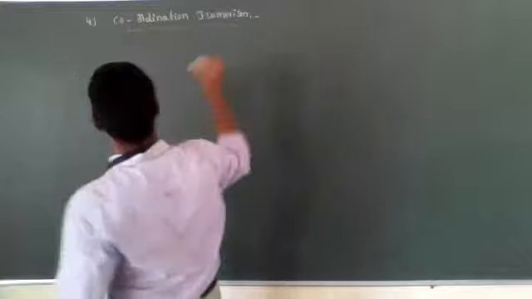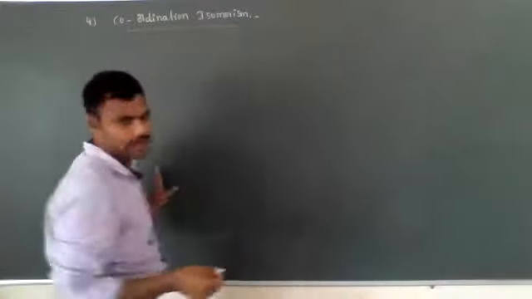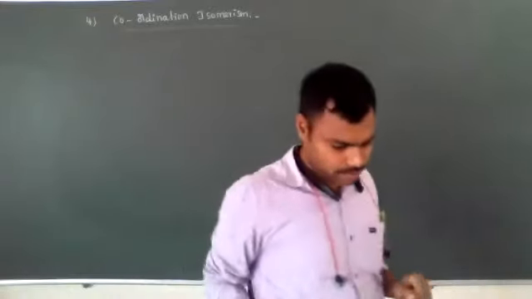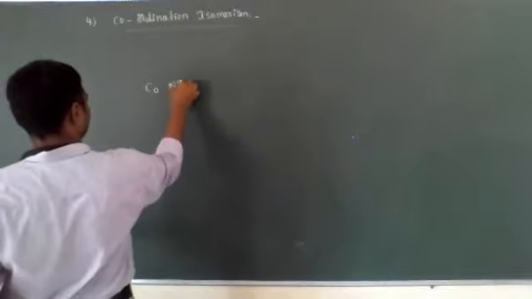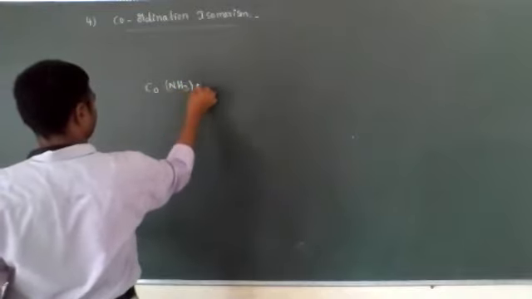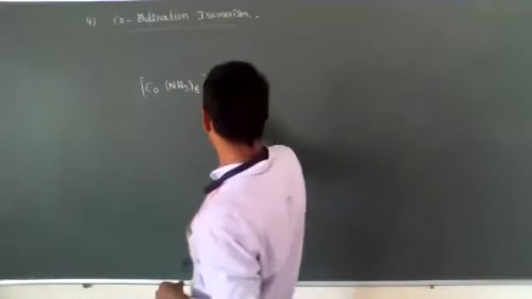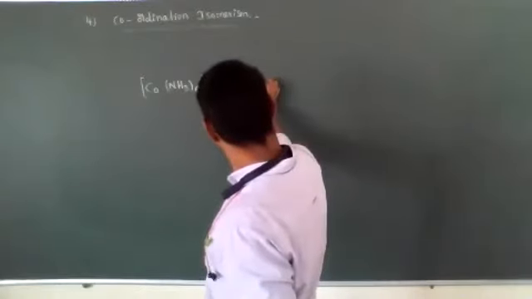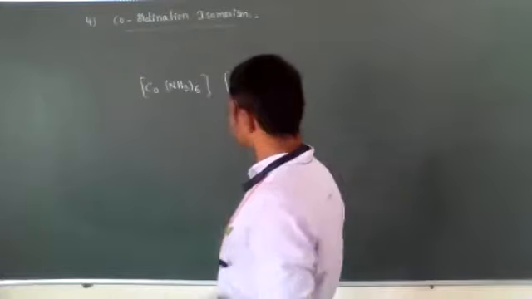What is coordination isomerism? Coordination isomerism means you have to take different complex compounds, for example, a cobalt complex and a chromium complex, with coordination number 6.